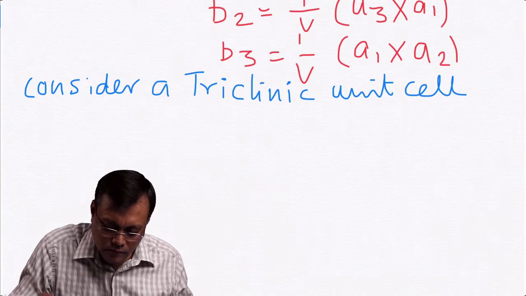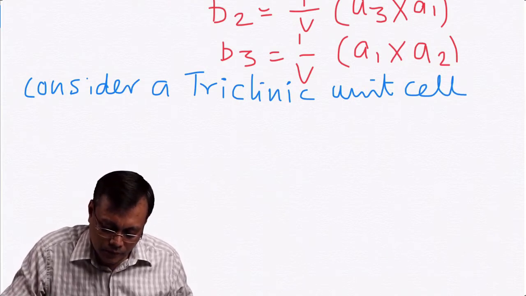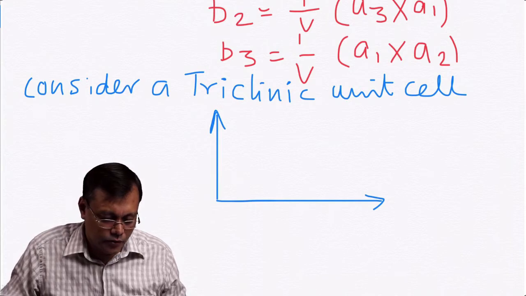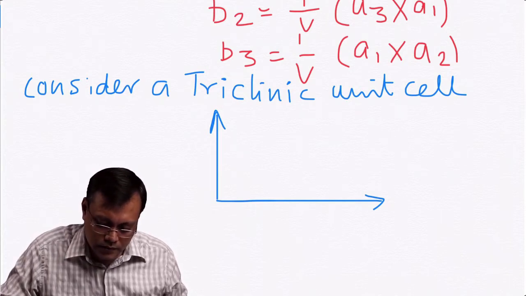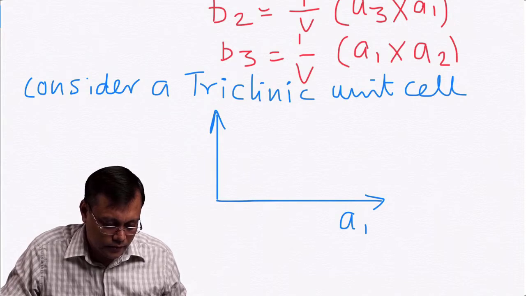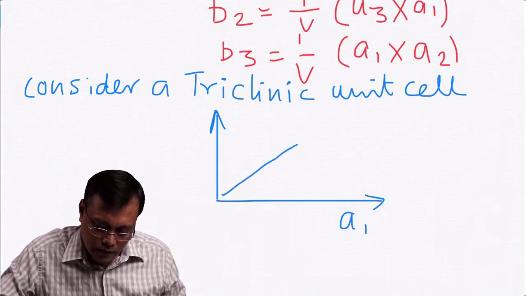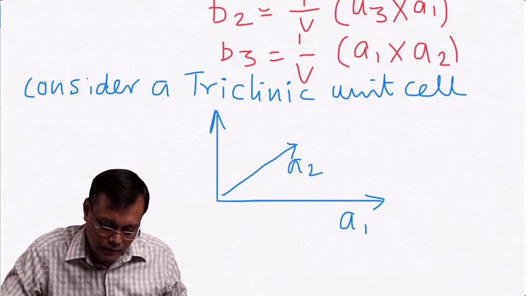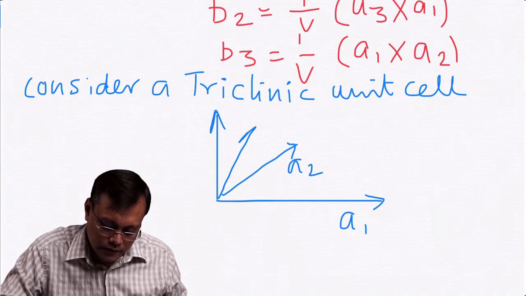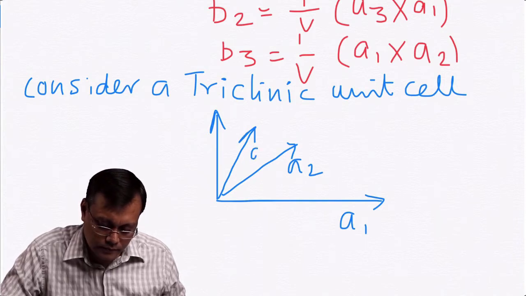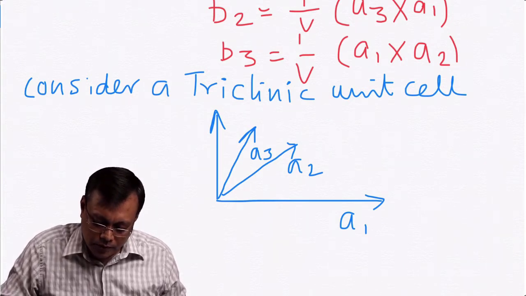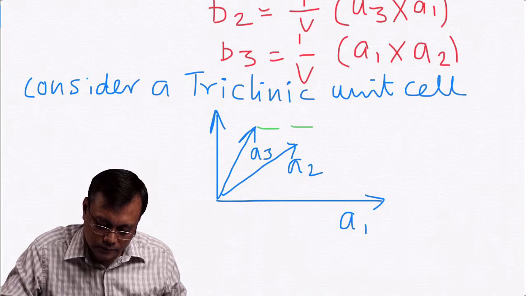then we can simply draw this A1 vector, A2 vector, and the A3 vector in this direction. So let me complete this cell.